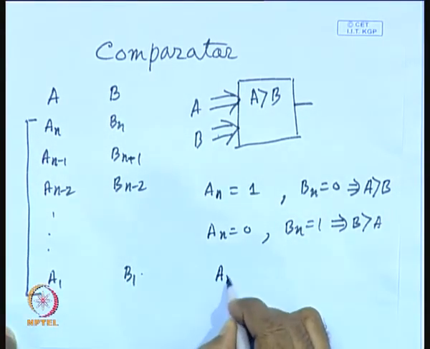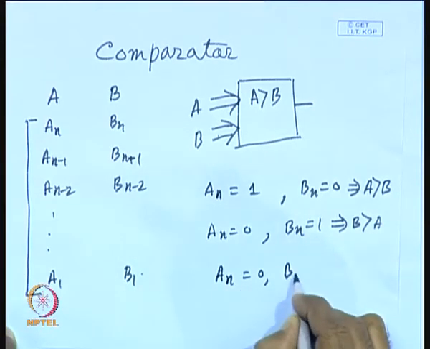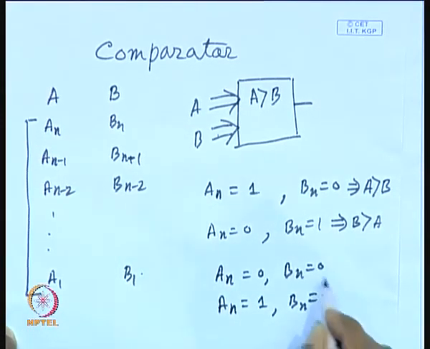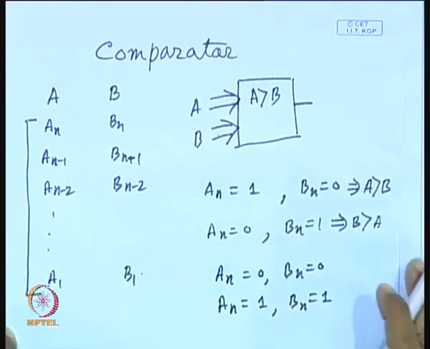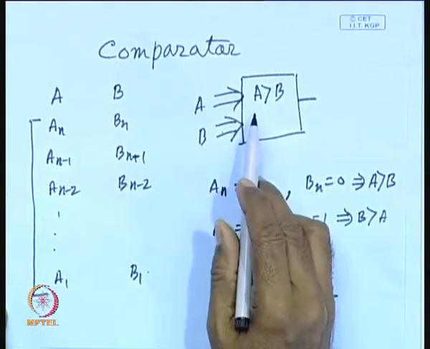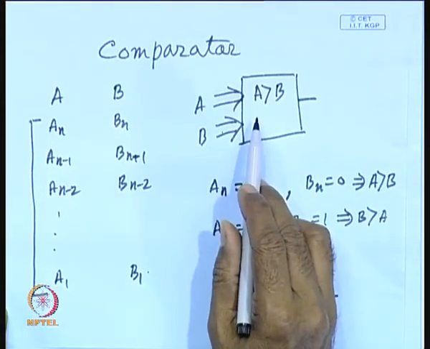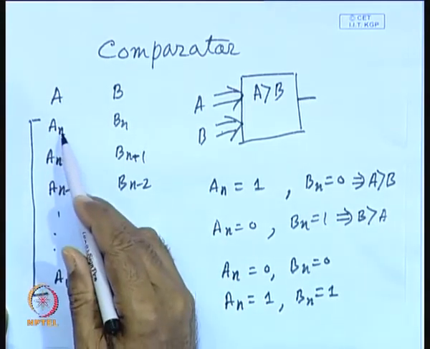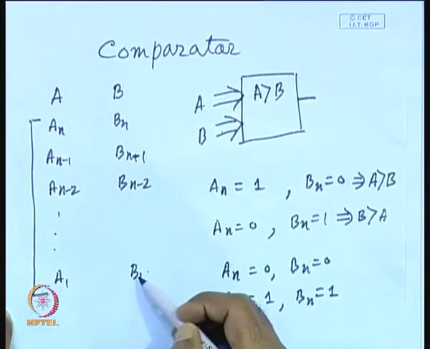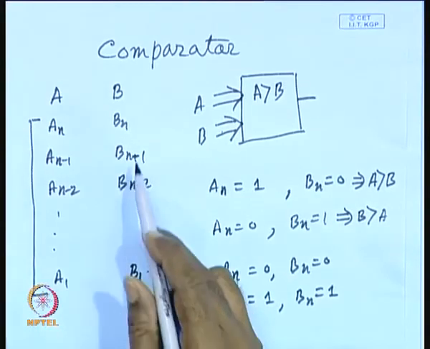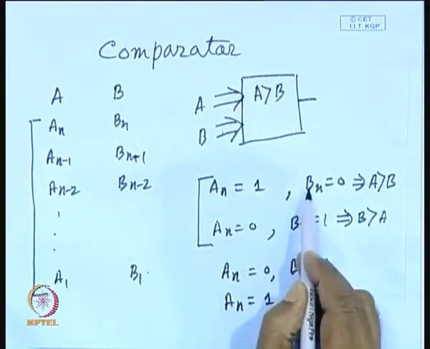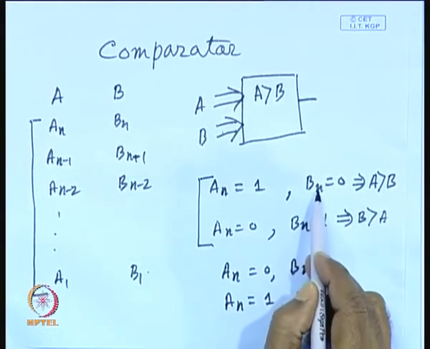However, when a n is equal to 0 and b n is equal to 0, or a n is equal to 1 and b n is equal to 1, in these two cases, to decide whether a is greater than b or b is greater than a, you have to take into account the other bits. So, in this way you can do pre-computation with the values of a n and b n.